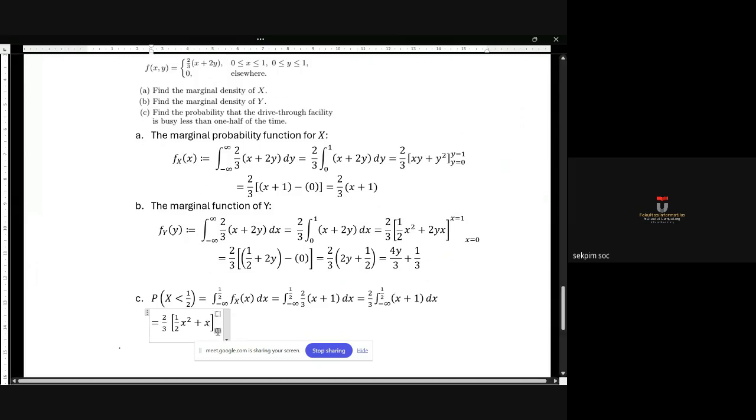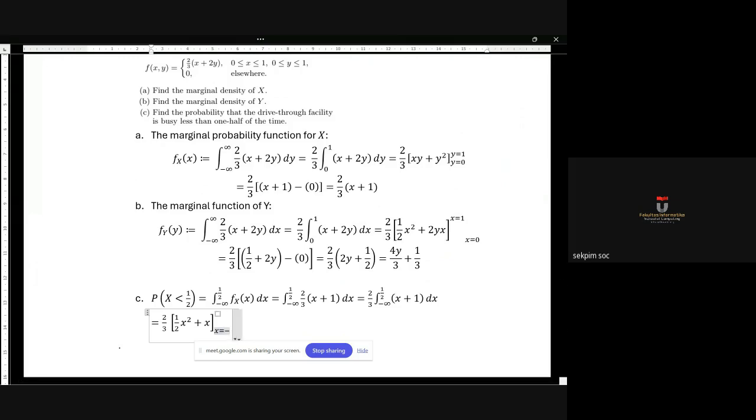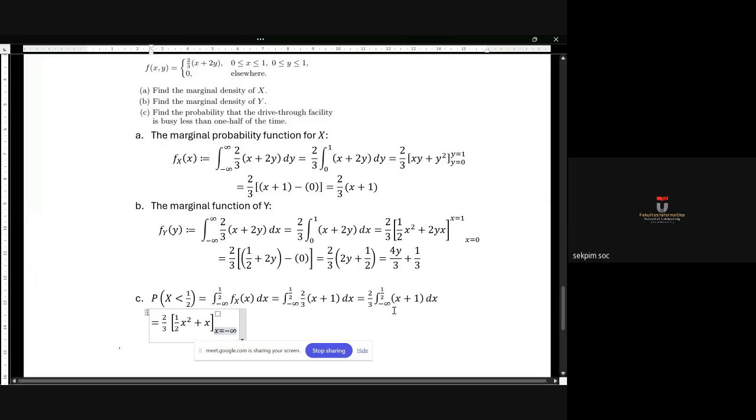Okay, this is for x equal to minus infinity up to x equal to 1/2.